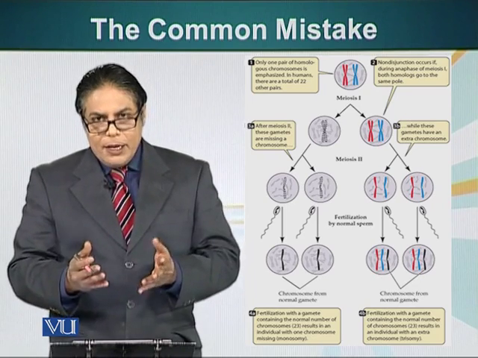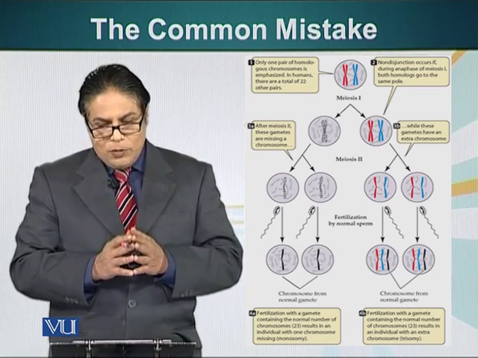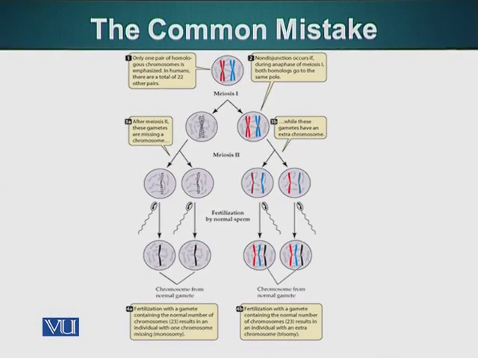When this happens, the offspring will have an incorrect number of chromosomes. The effects of a chromosome that is lacking in a fertilized egg or an embryo are more disastrous than an additional chromosome.